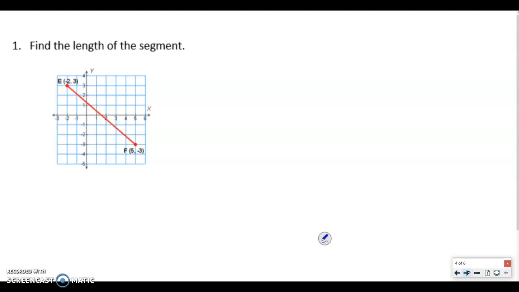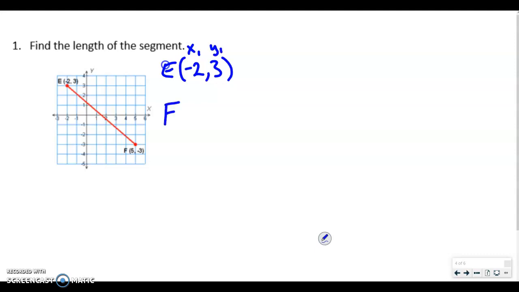Find the length of the segment. We see we have a point at E and F. So E is at -2, 3. So we can go ahead and call that x1 and y1.